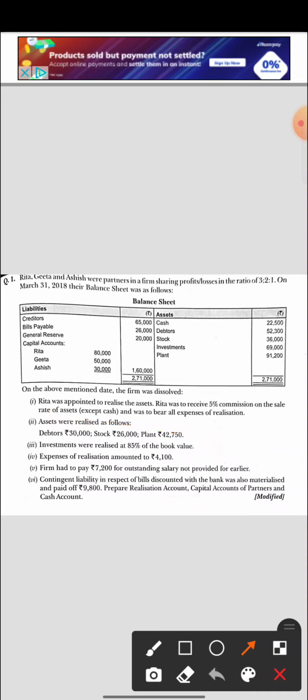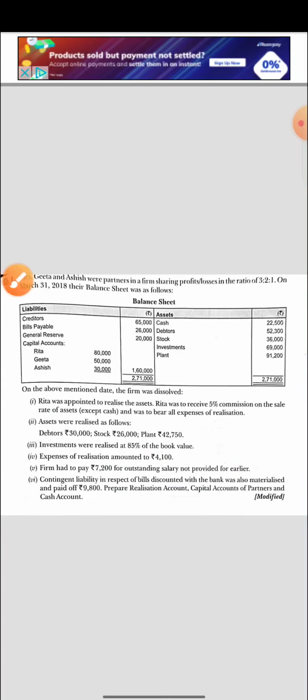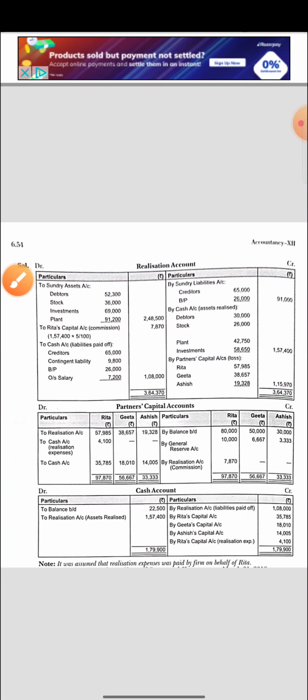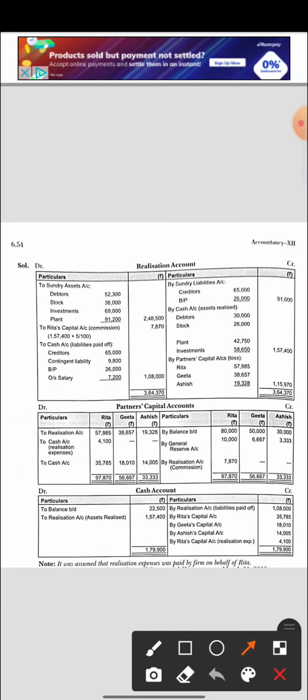Okay, now that is number one. Let's see how does it appear in the answer. How does it appear in the answer? In the answer, if you look at it, you will find it. 5%. That's the first thing you will do. So the sundry assets are from the question. You just copied. Now you start the additional information.